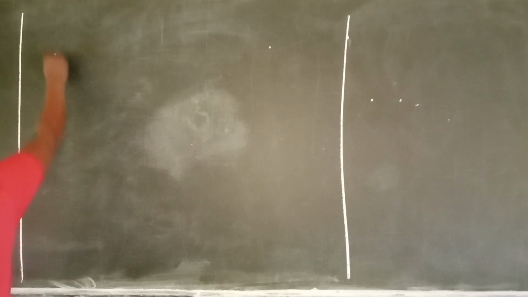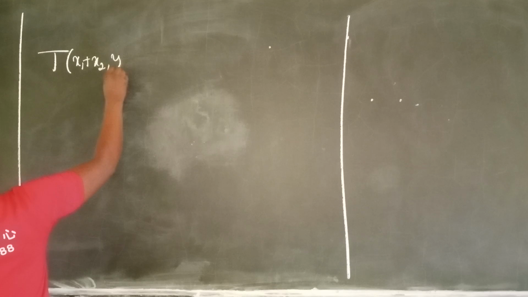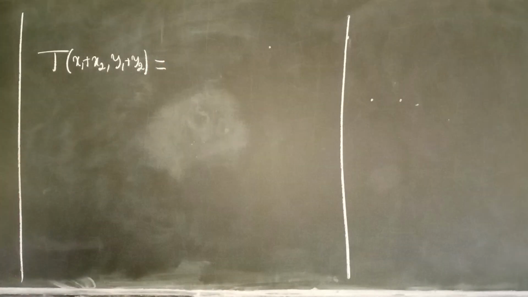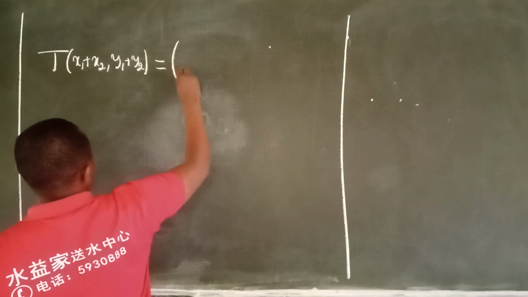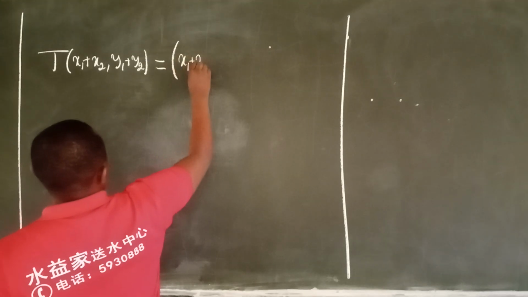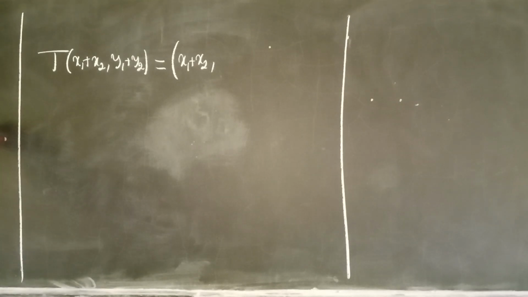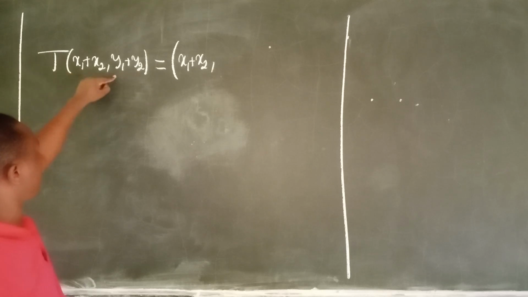This property T(x1 + x2, y1 + y2), in our transformation, this x1 + x2 will stand in place of x, and y1 + y2 will be replacing y.